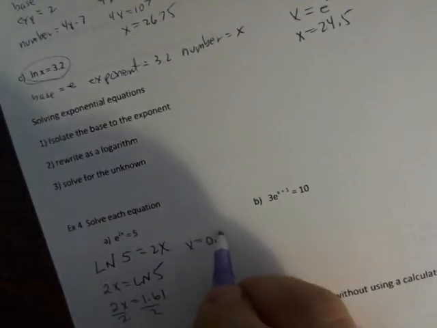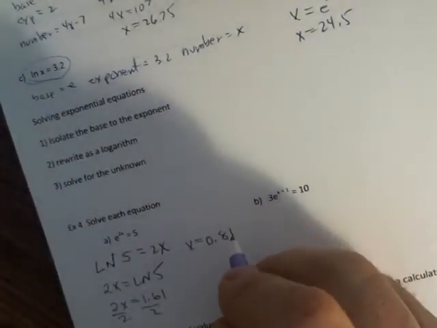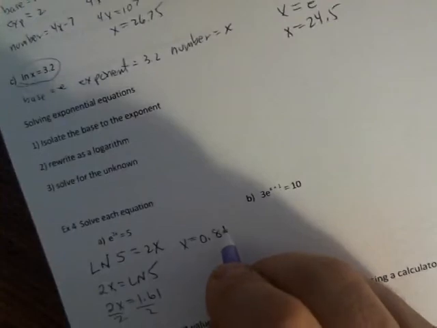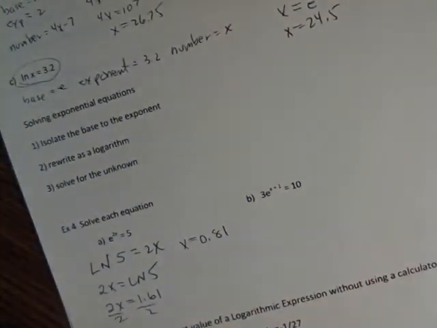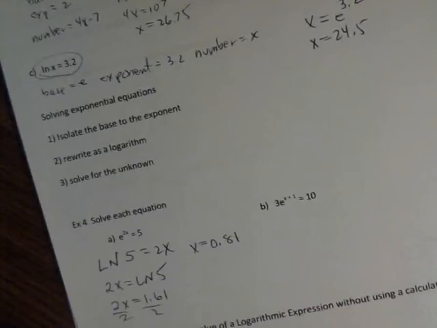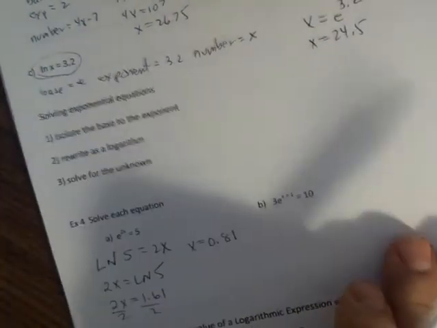And x is about 0.81. Okay? Depends how we round. So again, not many steps. Really, one step, divide by 2, 2 steps.